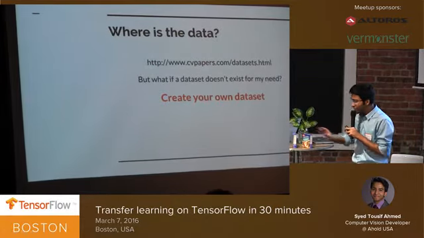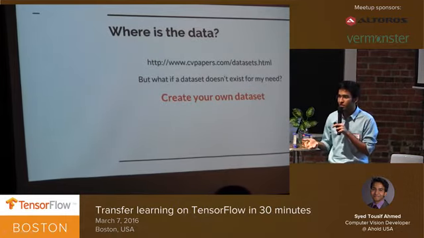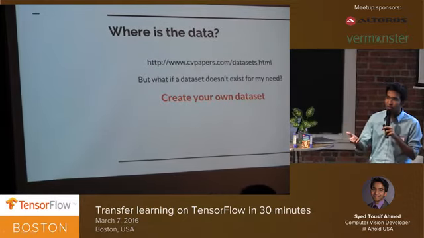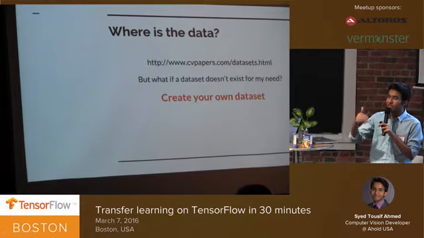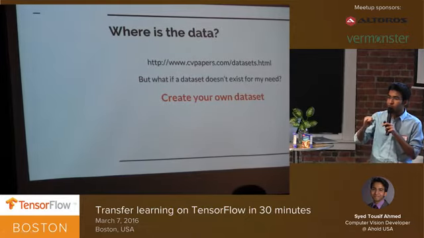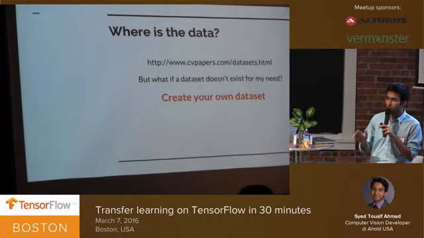So since we don't have that sort of dataset, how do we go about creating our own dataset? I mentioned before that one approach is to write a script and mine the web to find good enough images. There's also ImageNet, which has a big collection of over 80 million labeled images.